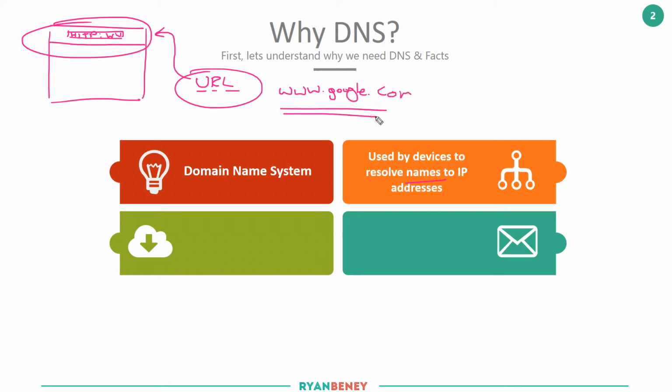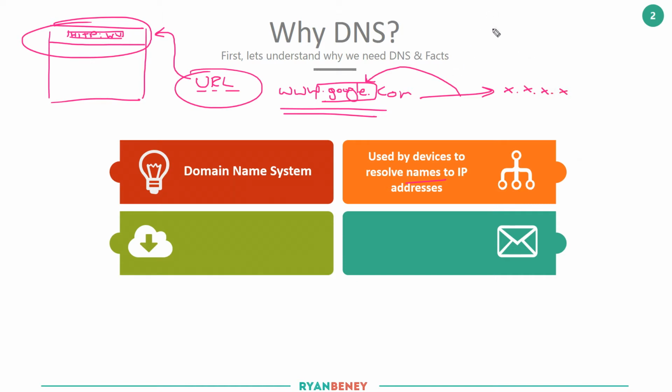is your destination, the PC needs to understand what is google.com, because we as humans remember names, we remember Google, we remember Yahoo, YouTube and all the other websites, but the PC doesn't know what Google is. All it knows is Google must be some IP address out on the internet.